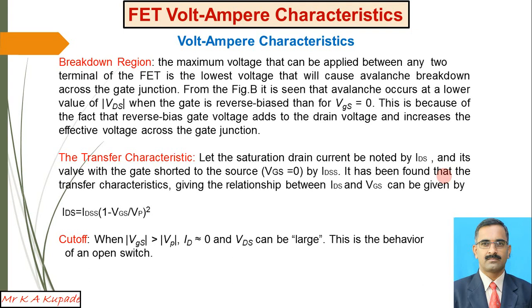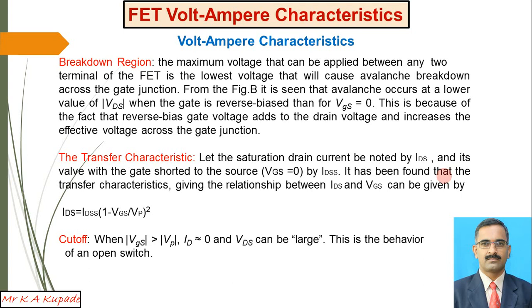Now the transfer characteristics. Let the saturation drain current be denoted by IDSS, its value with the gate shorted to the source, that means VGS equal to 0. Whatever drain to source voltage you apply, with the gate shorted to the source, that current at VGS equal to 0 is denoted as IDSS.